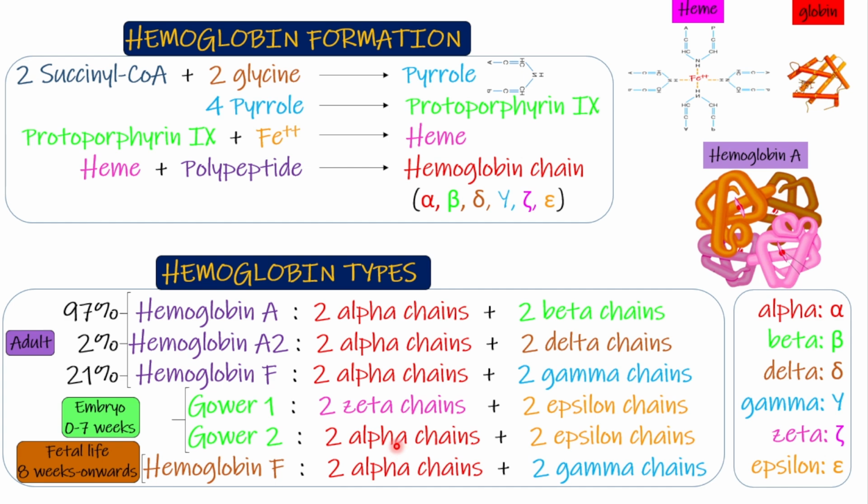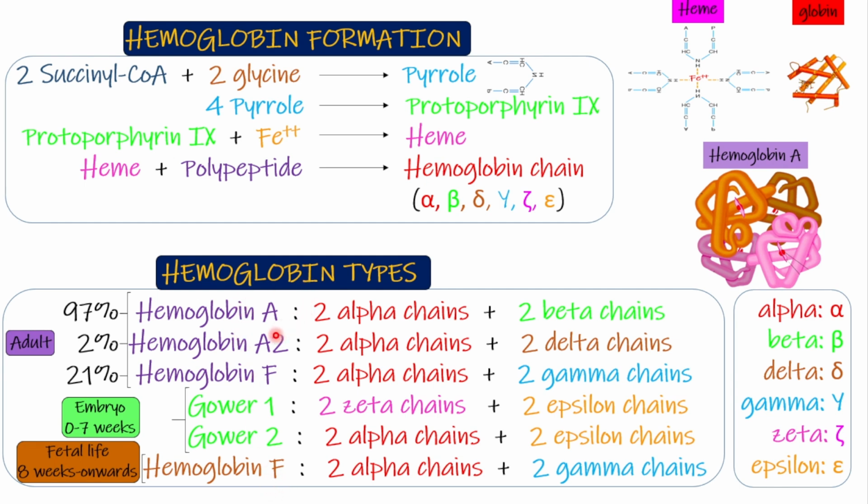Okay, so this is how hemoglobin is formed, this is the basic structure of a hemoglobin chain, and this is how one hemoglobin molecule is made up of 4 hemoglobin chains. In adult life we have 3 different types of hemoglobin molecules, whereas in fetal life there are other types.